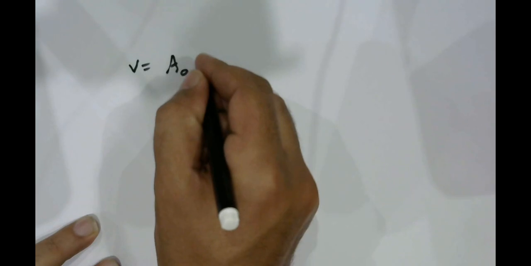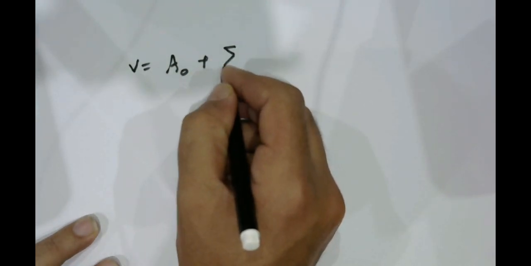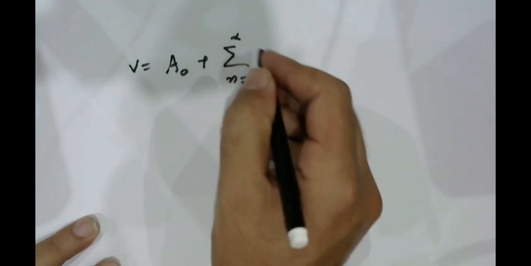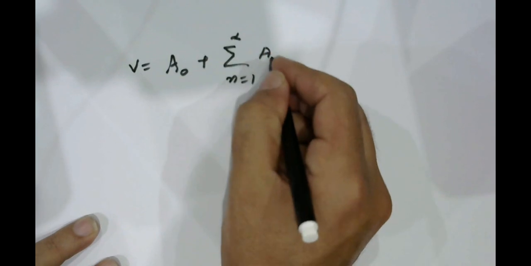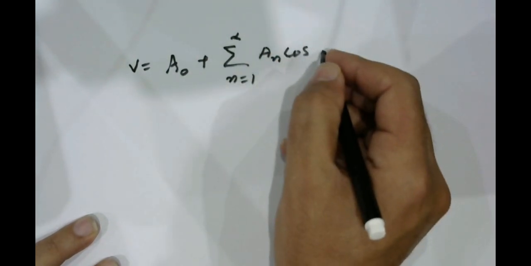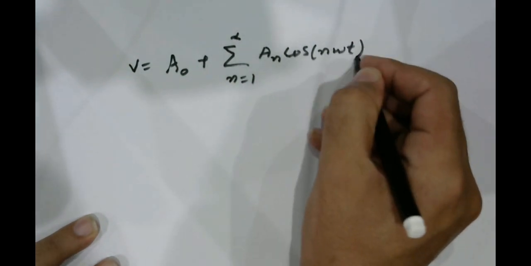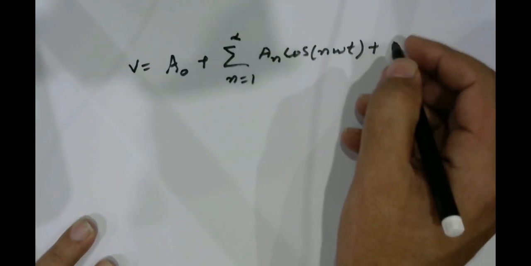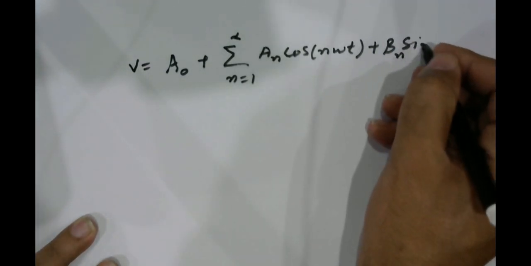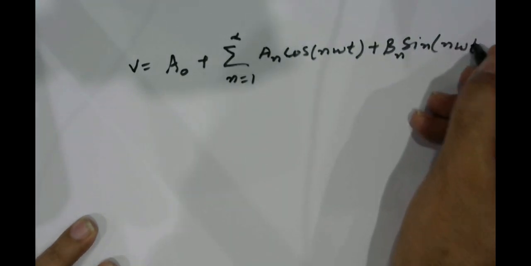This is your formula: a naught plus the summation from n equal to 1 till infinity of a n cos of n omega t plus b n sine of n omega t.